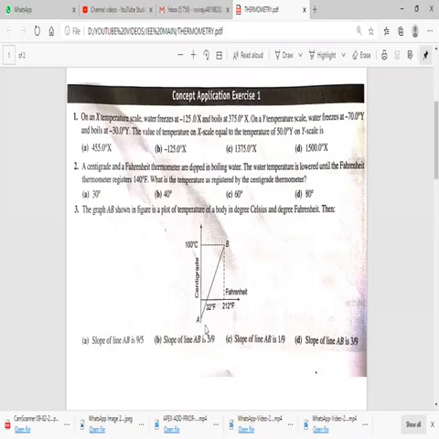So what is the general relation between the centigrade scale and the Fahrenheit scale? In the previous problem we have already written it. That is C by 100 equal to (F minus 32) by 180.